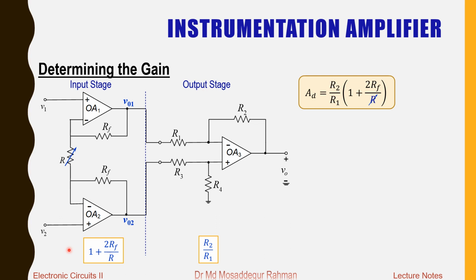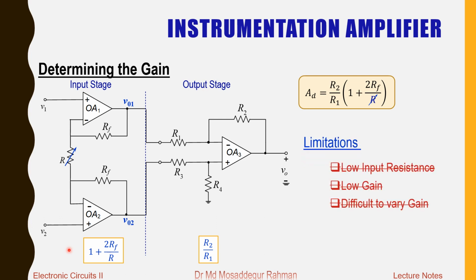So this will overcome the limitation of the difference amplifier, where it was difficult to vary the gain because we had to vary two resistors at the same time. So now with all these modifications that we have done till now, we are able to overcome all three limitations of the basic difference amplifier. We have solved the problem of low input resistance.